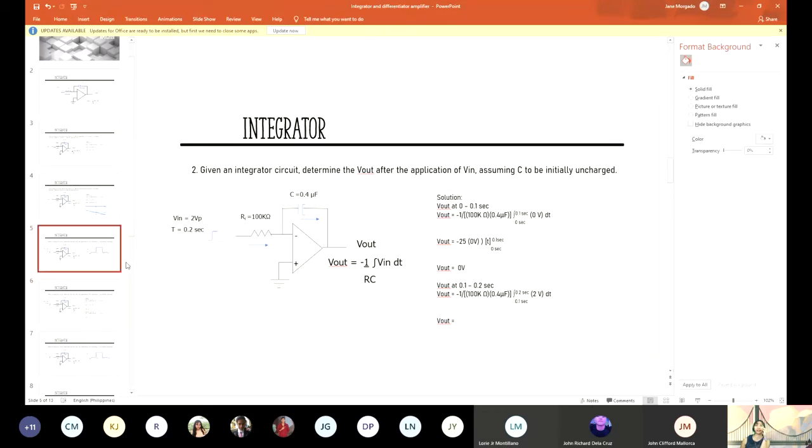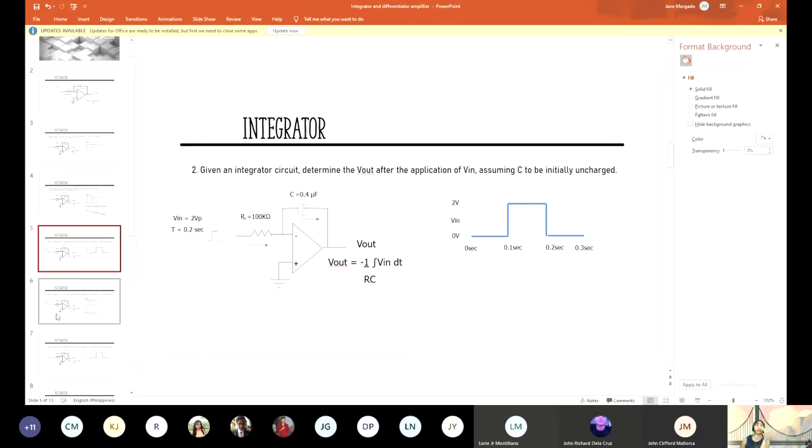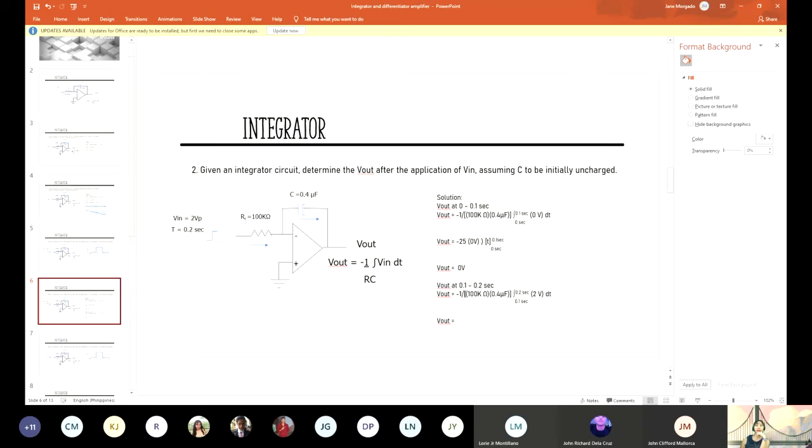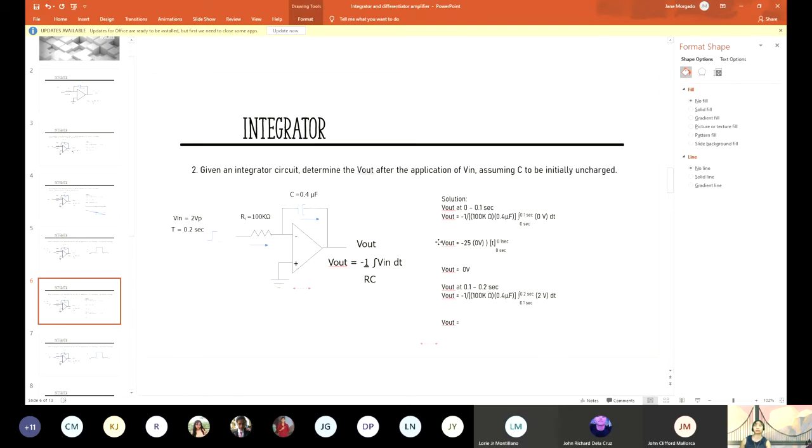Okay, so next we have, okay, 0 to 0.1, the input is 0. Okay, but for 0.1 to 0.2, the input is 2 volts. So take note, we have a square waveform. Okay, so let's answer for this. Okay, so again, we have negative 25, what's the input now?